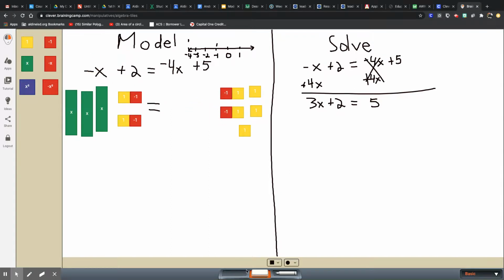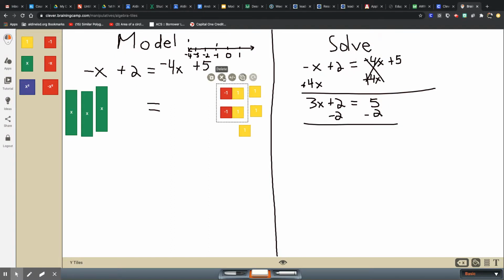And so all we did was cancel out that plus 2. To cancel that out, I did the opposite. I subtracted 2. And whatever we do to one side, we have to do to the other. All right, so now let's go ahead and get rid of our 0 pairs. So here are 0 pairs I can get rid of, and here are 0 pairs I can get rid of.